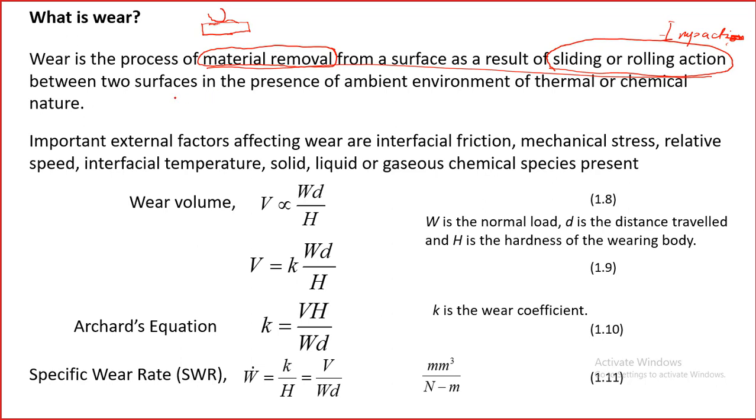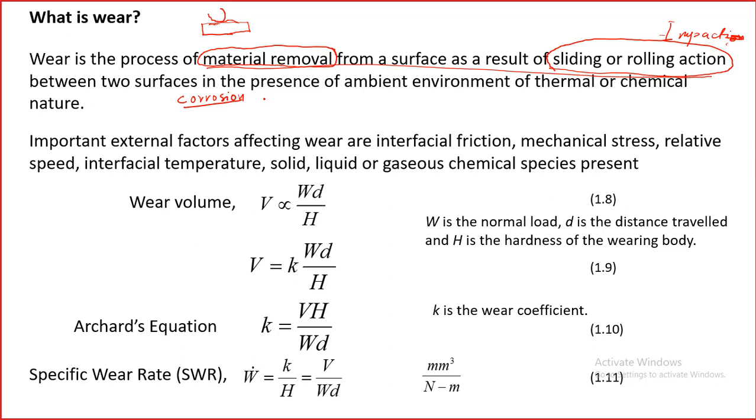You remember the term? Material removal happening because of some chemical action. Corrosion, yeah, corrosion is the one. So then it is called corrosion, not wear, if it is only material removal by chemical reaction.